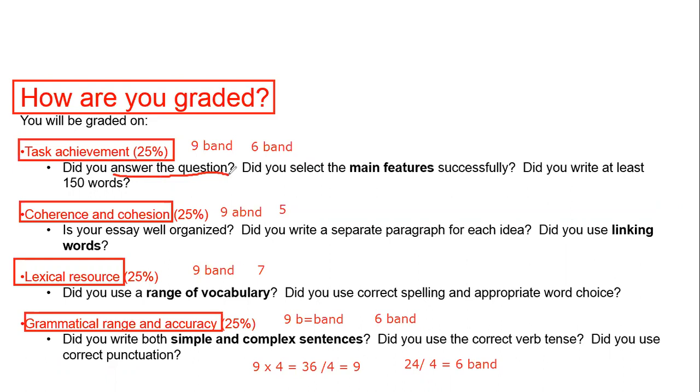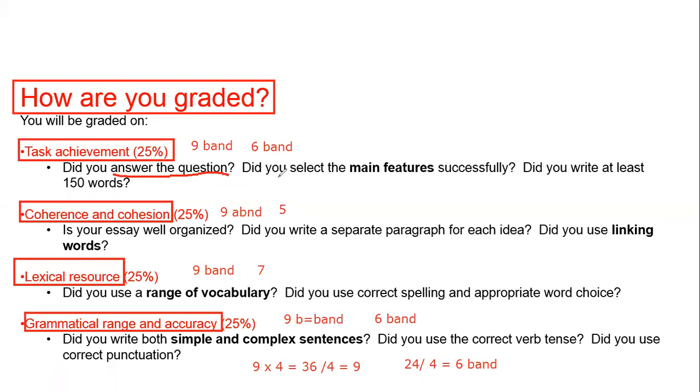What the examiner has asked you, did you answer the question properly or not? What the examiner is expecting, did you answer according to his expectations or not? If you did not answer according to the question, it means your task achievement marks would be deducted. We will study types of questions. It will be clear to you people, inshallah. You will score well in task achievement.